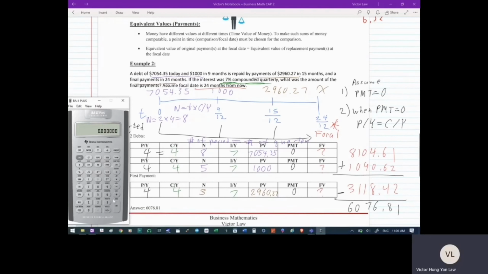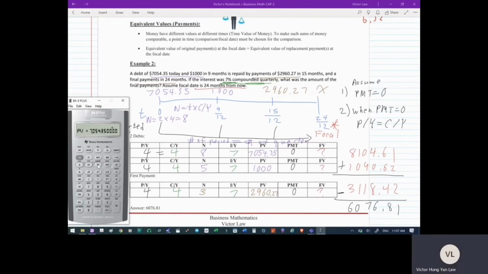Now we can put in the N. N is 8, so we put the number first, 8, and then press N, and that will set the number of periods to 8. Our IY is 7, so 7, and then we press IY, which sets our nominal interest rate to 7. Then the present value is $7,054.35, and we press PV.